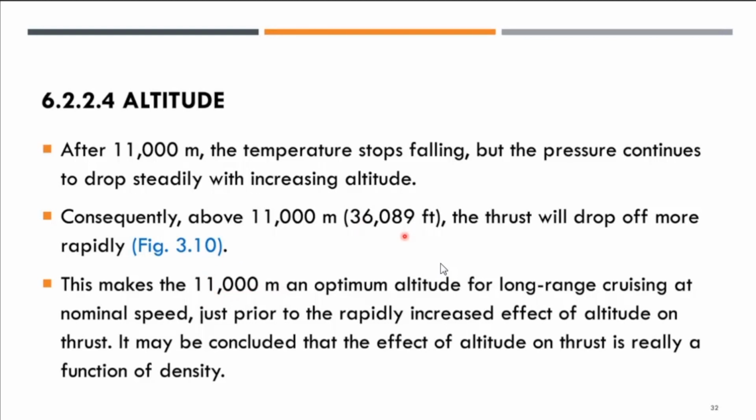It is just cruising at 30,000 to 35,000 feet to get the optimum long range. If you go beyond that, you will suffer in terms of fuel consumption and the operating condition for the engine.